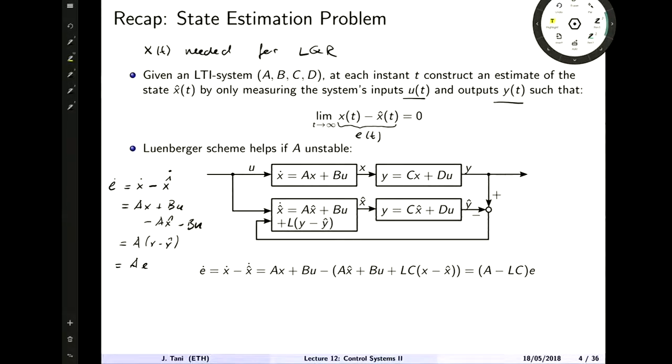And the idea was to introduce, so we consider again this state chart.